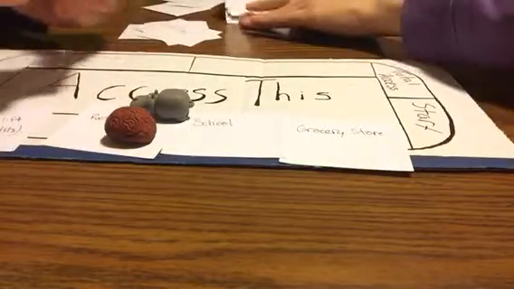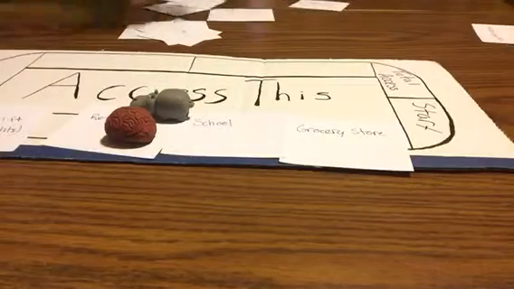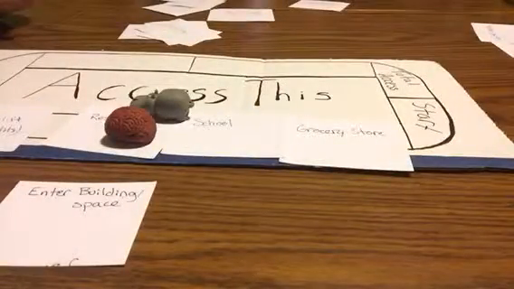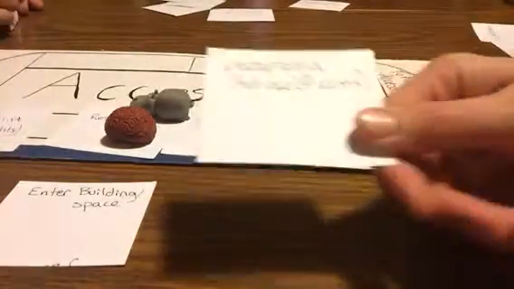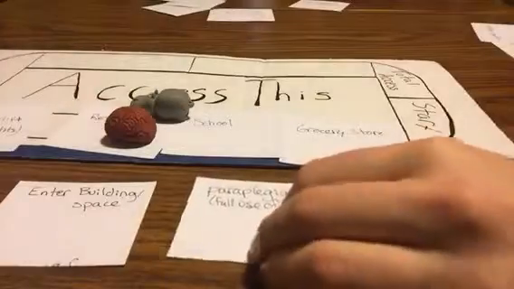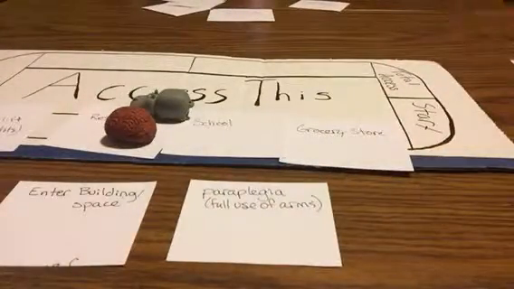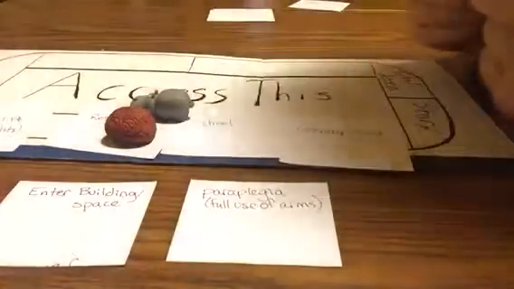Okay. So a new activity and disability for each of us, and we take a new helpful modification as well. So for restaurant, it's getting in the building or space, which is often a problem. Yeah. So I have someone with paraplegia, and they have full use of their arms, so they would just need to be in a manual wheelchair because they can still self-propel it.